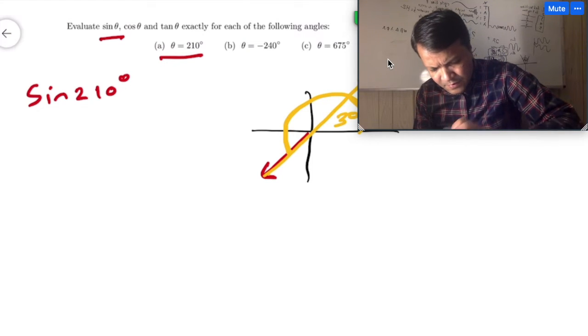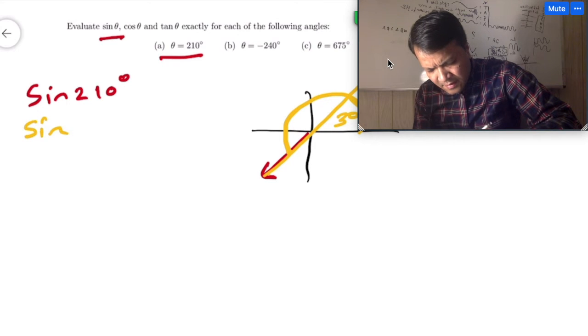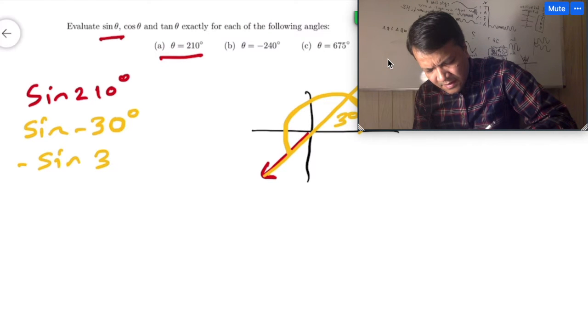So sine 210 degree is negative sine 30 degree.